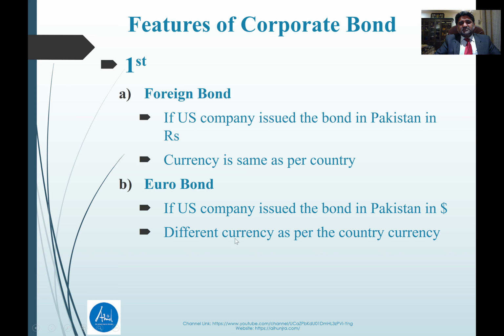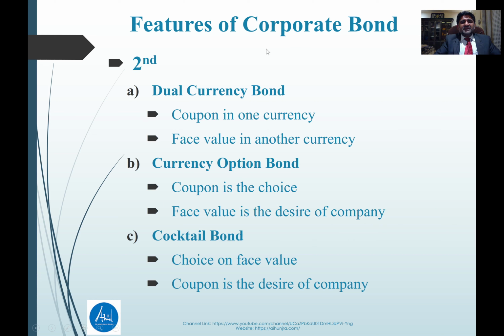The bond currency is different from the country's currency. Then the second part deals with the characteristics of bonds. Dual currency bond. Look here. Dual currency means there are two things related to the bond.